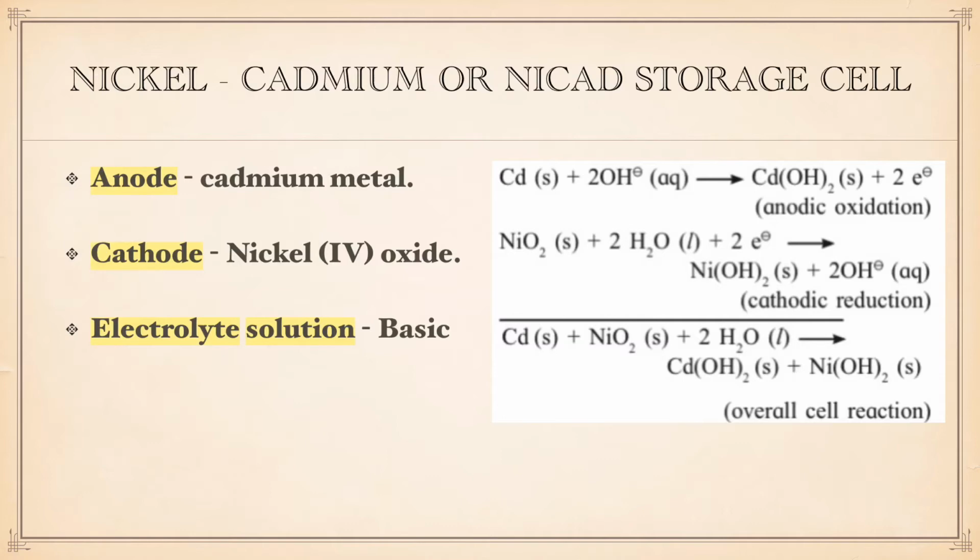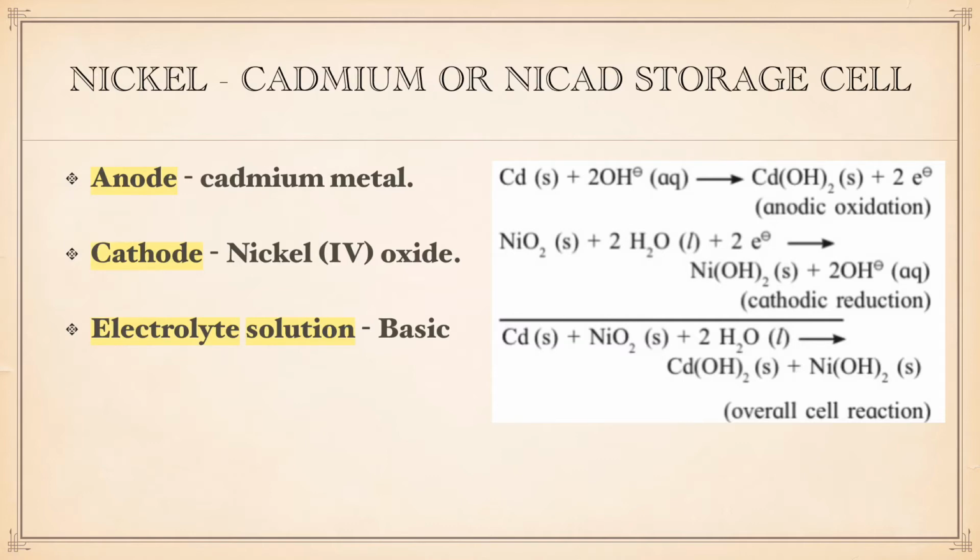Here the oxidation state of nickel is +2, and the byproduct is 2OH minus, which means the electrolyte used is a basic solution. So whatever was consumed is getting back here. The OH minus and the 2 electrons get cancelled.